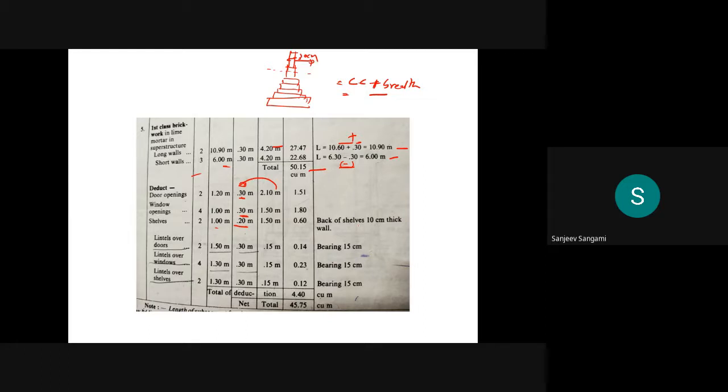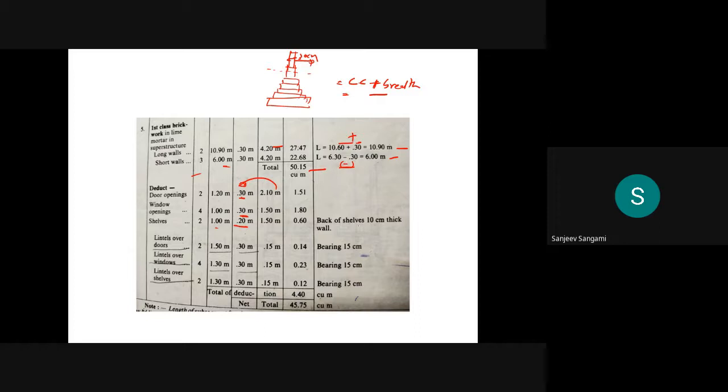Then the lintel over the doors is given, that is 1.5, 3.3. Then lintel over the windows, lintel over the shelves. Then you have to deduct the total deductions, and finally you get the net.